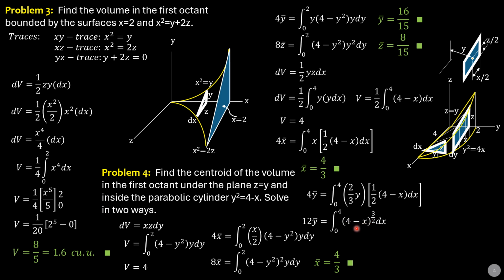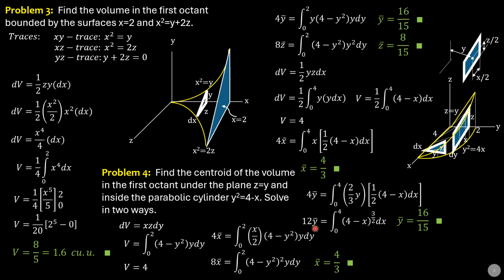It is negative because if you let u be 4 minus x, the differential is negative dx. So this is negative quantity 4 minus x to the 5/2 over 5/2. I leave that to you, but you can use your calculator in evaluating that. So solving for bar y is 16 over 15, just like before.